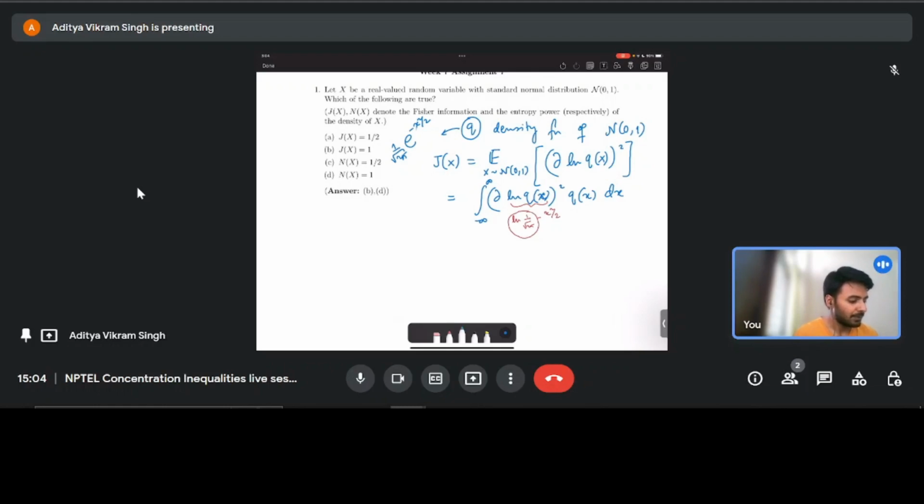So this becomes x square by 4 times q(x) dx. This is just the expected value of x square by 4, where x is a normal random variable.